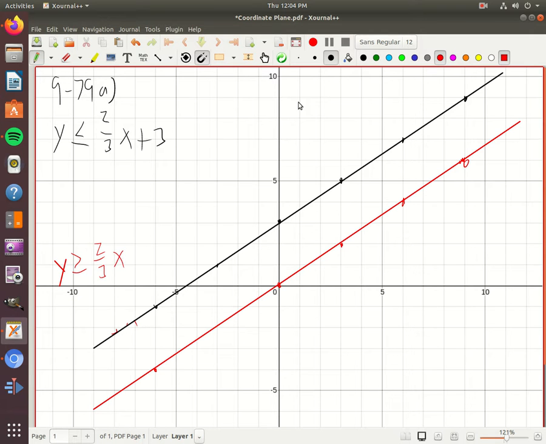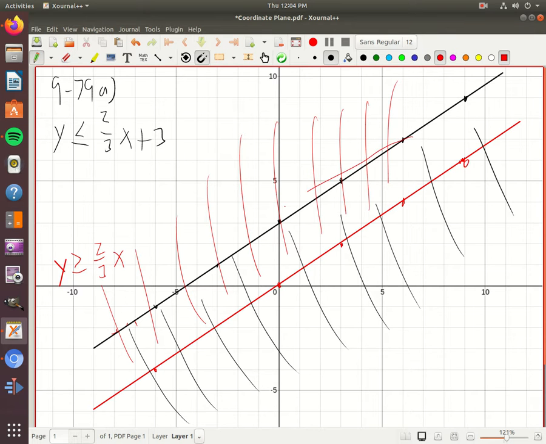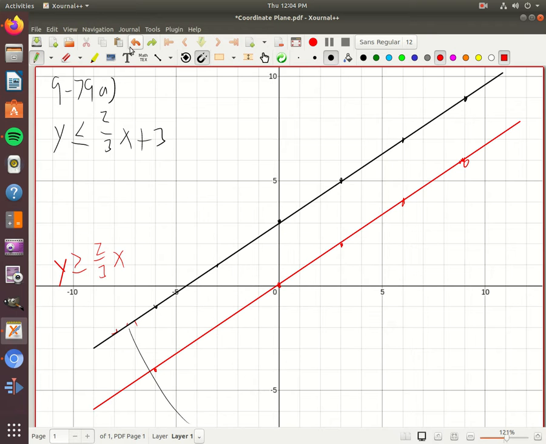Okay, so the first one is asking us to shade below the line. And this one is asking us to shade above the line. So our solution on A is going to be this part right in the middle. Hopefully we see that. Hopefully there's no questions there. Now when I go to B, they're changing the inequalities on me.